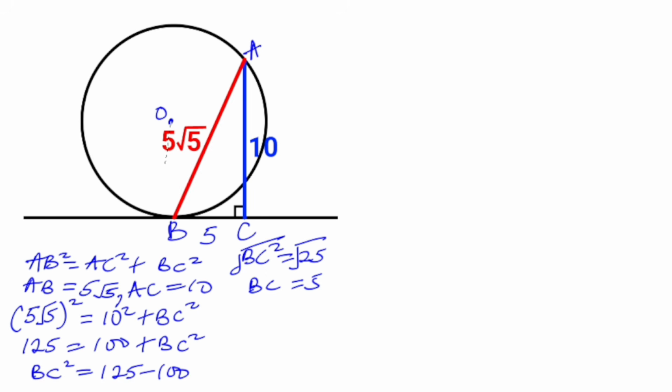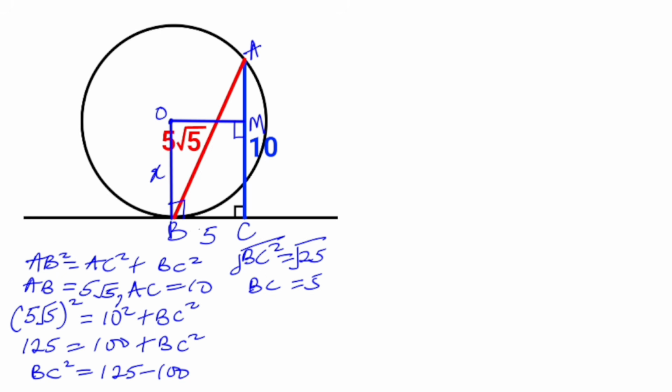Now, let's draw a radius x, from O to B. Next, let's drop a perpendicular line from the center O to the vertical line AC. Let the point of intersection be M. Because the circle is tangent to the ground at point B, the radius OB is perpendicular to the tangent line.